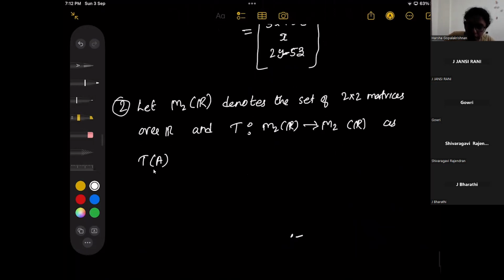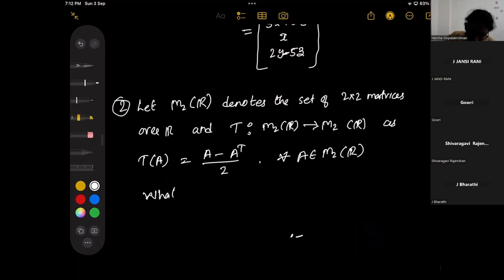We apply it to a matrix A: T of A equals A minus A transpose by 2, for all A in M2 of R. So the question is, what is the dimension of the null space? The options are 3, 2, 1 and 4.